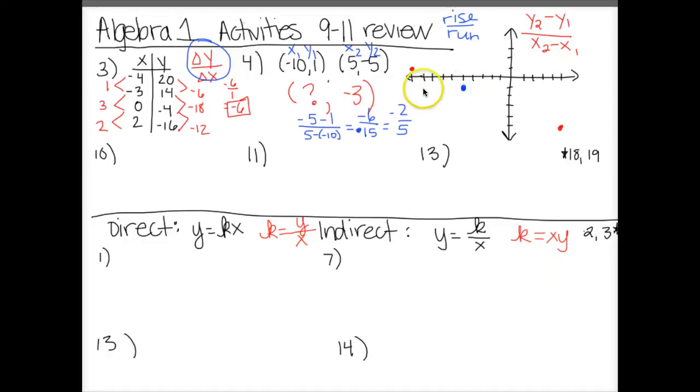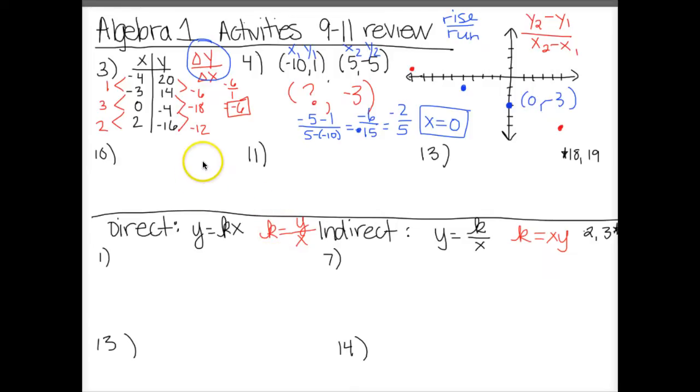That one doesn't have a y-coordinate of negative 3, so that's not the right one. Then go down 2 again, and right 5: 1, 2, 3, 4, 5. I land right here, and lo and behold, that point, which is 0, negative 3, has the correct y-coordinate. That is why my answer is that the x-coordinate is 0, because that is the x-coordinate that has the correct y-coordinate.